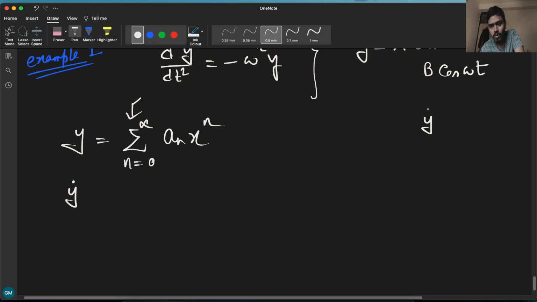I will be using y dot to imply dy/dt, or dot I am reserving for the derivative with respect to time, and for all other variables I will write it as dash, y dash will be dy/dx.